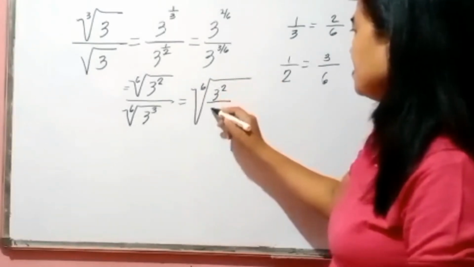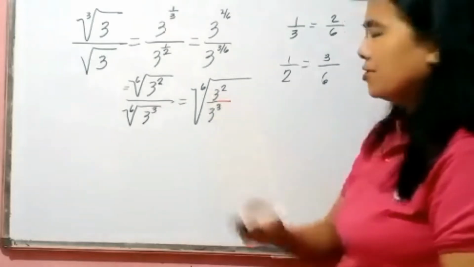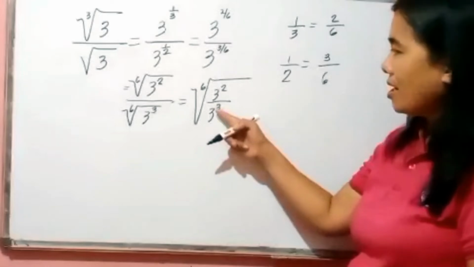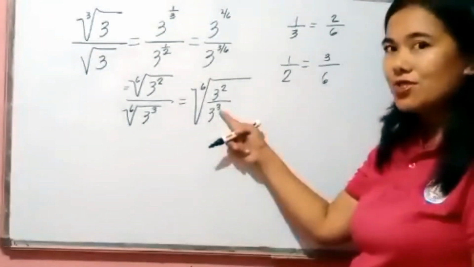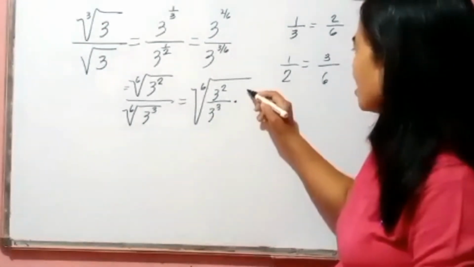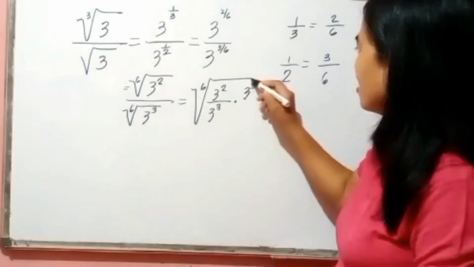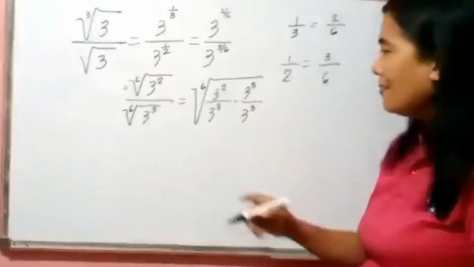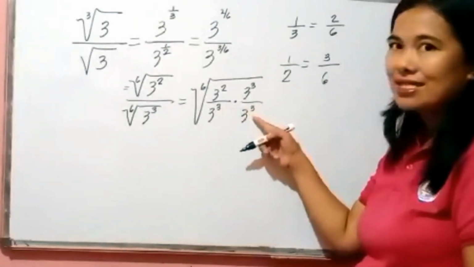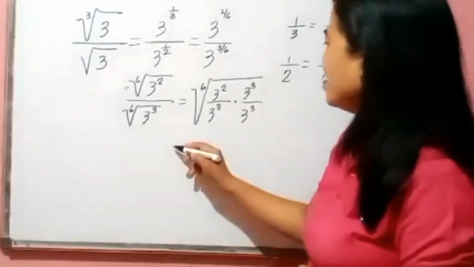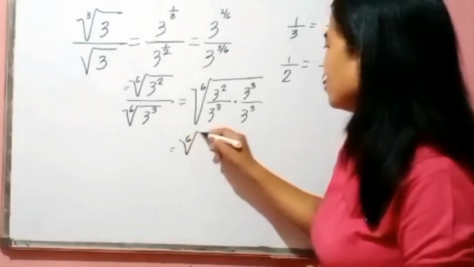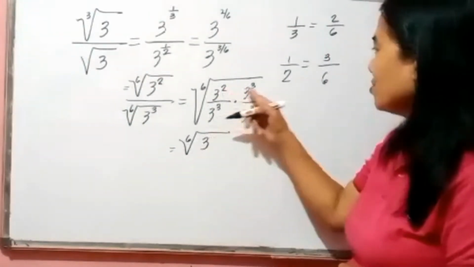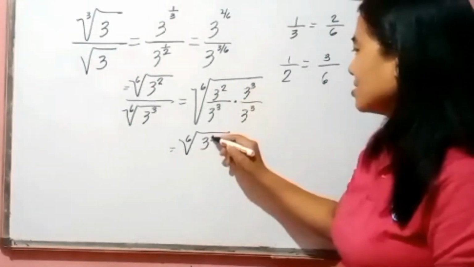squared over 3 cube. Ngayon, kailangan mong maging 6 to exponent mo dito sa baba. So, kailangan mag-multiply tayo ng 3 more. Okay? Bakit 3 more? Kasi nga, para maging 6. Etong nasa baba. Okay? So, ngayon, 6 root of 3 naman sila pareho. So, add the exponent. So, 2 plus 3 is 5.